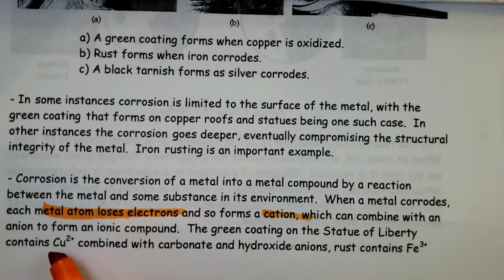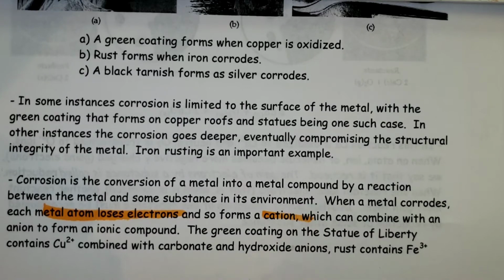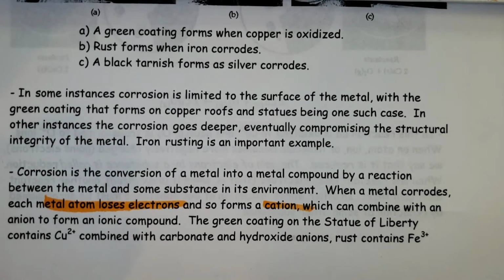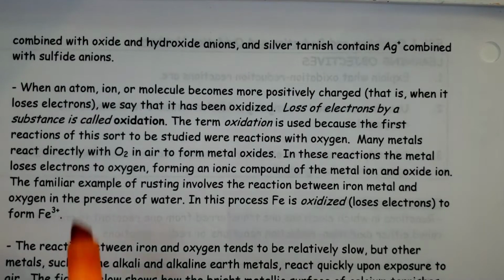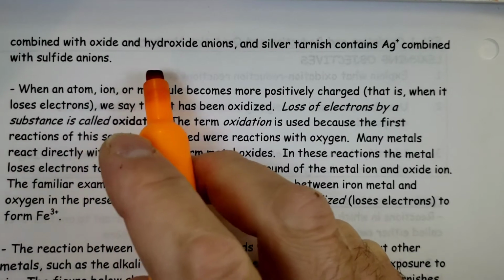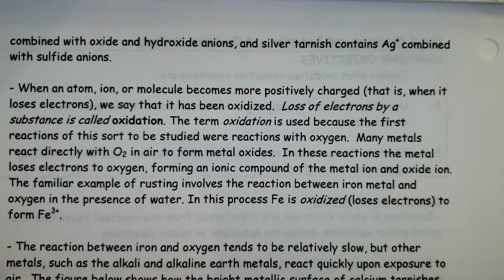The copper atoms, which make up copper as you know it, metallic copper, change into copper ions and then combine with negative ions found in the atmosphere and make a different substance. Rust contains iron combined with oxide and hydroxide ions, and silver tarnish contains silver ions combined with sulfide ions.